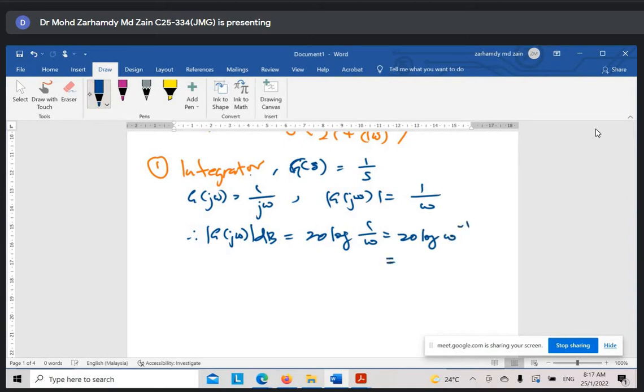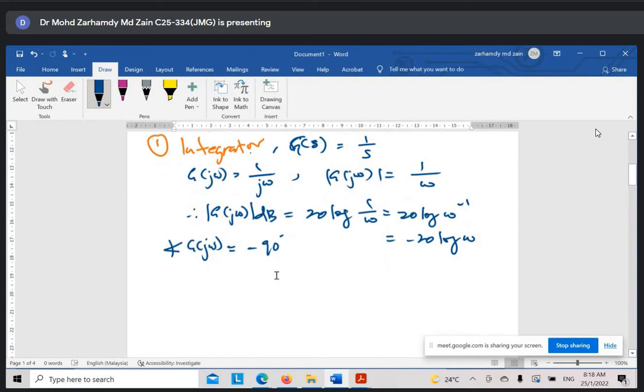Must remember this. Then we have the phase. For the integrator, our phase is negative 90.